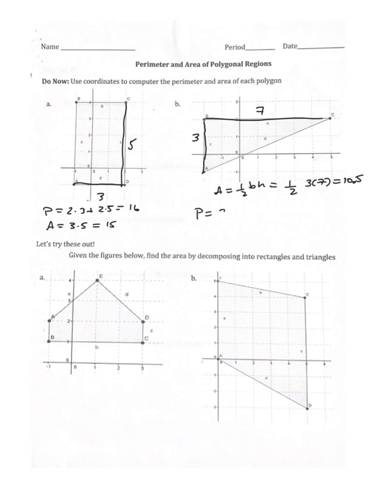For the perimeter, it would be 3 plus 7 plus, we can use the distance formula. So AC is equal to the square root of the change in the x's, so that's 5 minus negative 2.